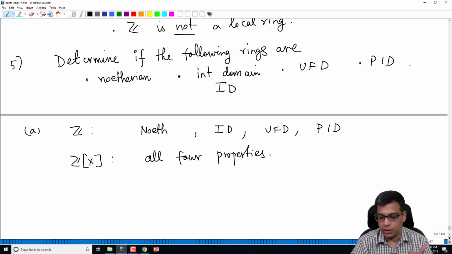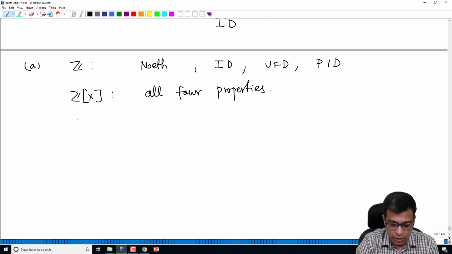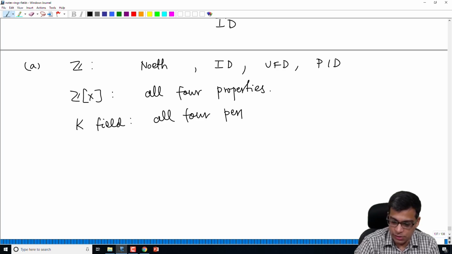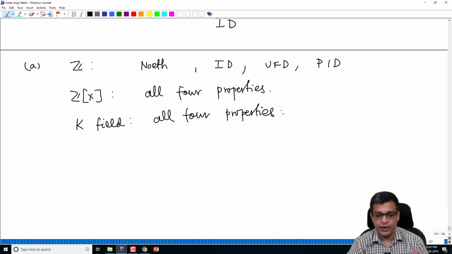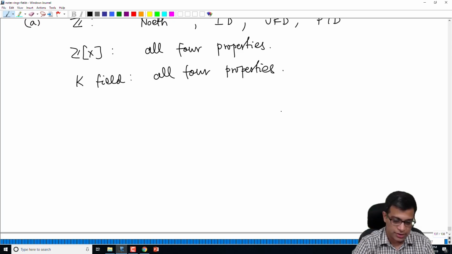It is a Noetherian ring, it is an integral domain, it is a UFD, it is a PID. Any field, all 4 properties. So these are all simple examples, right? A field is Noetherian, it is an integral domain, obviously, it's a PID, UFD. It has only 2 ideals, so there is no problem there.